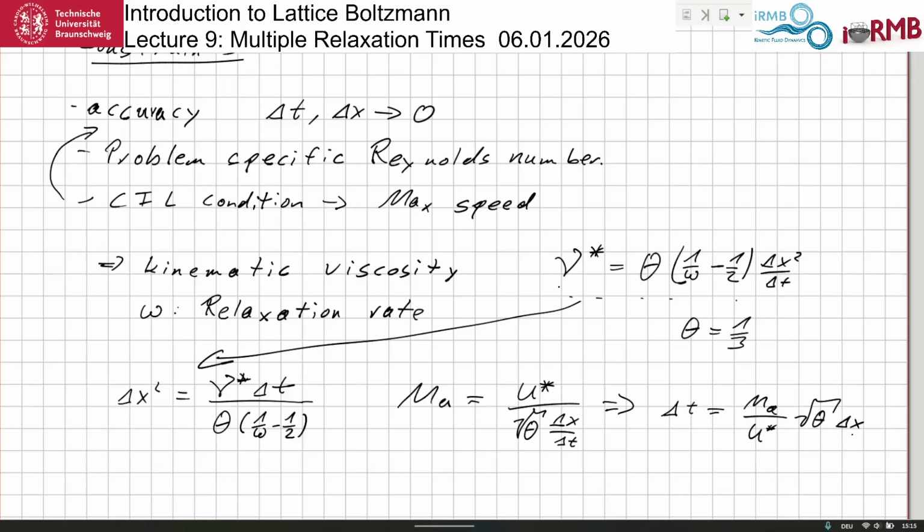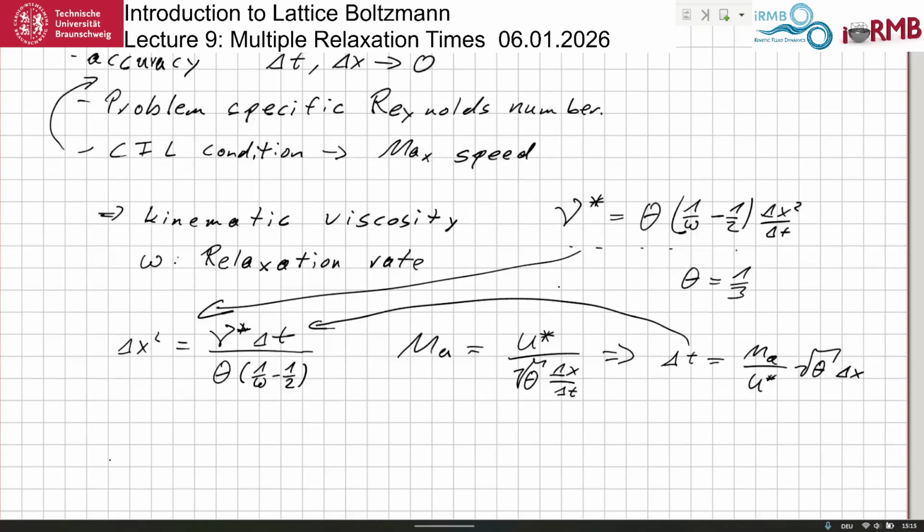Now we still have delta x here, but if we put this into this, then we have delta x squared on one side and delta x on the other side. So we can write delta x being the viscosity times the Mach number, divided by theta, square root of theta, velocity scale, 1 over omega minus 1/2.